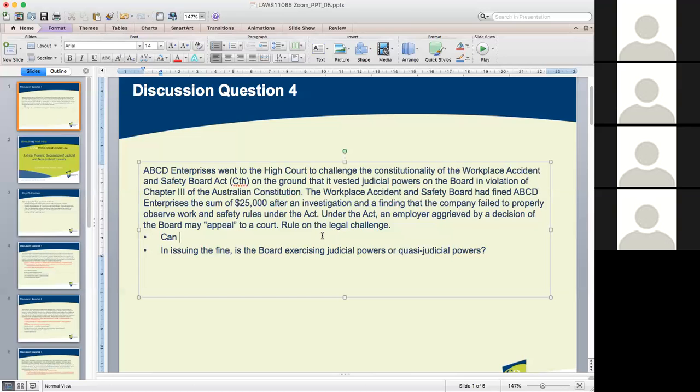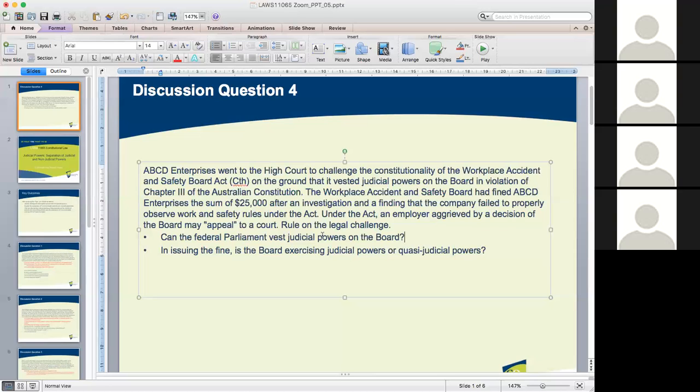Can the federal Parliament vest judicial powers on the board? Okay. My problem with that formulation of the issue is it begs the question. Can the federal Parliament vest judicial powers on the board?